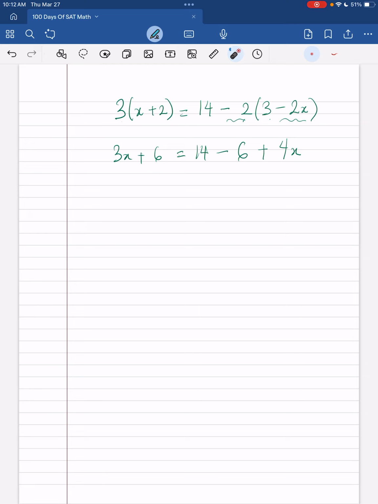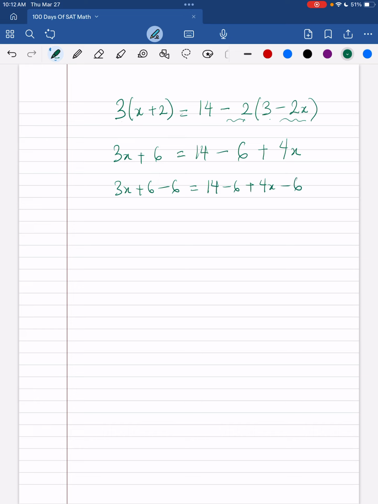All right. Now, first thing we do here, we can also subtract 6 from both sides to undo the addition of this 6 here. So we have 3x plus 6 minus 6 equals 14 minus 6 plus 4x minus 6. Remember, what we do for the left, we do for the right.